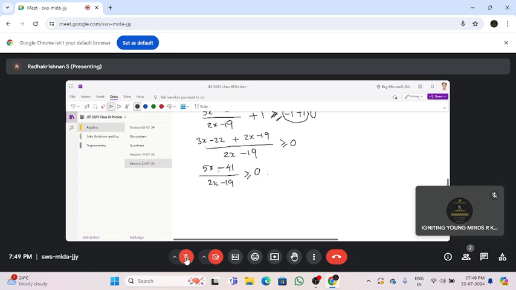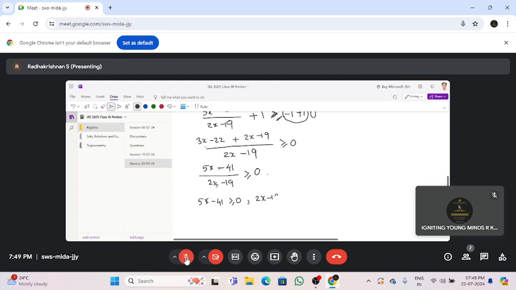So both the numerator and denominator should be positive, or both should be negative. So we have to evaluate what values of x will satisfy this kind of condition. Both should be positive. Then 5x minus 41 should be greater than or equal to 0.